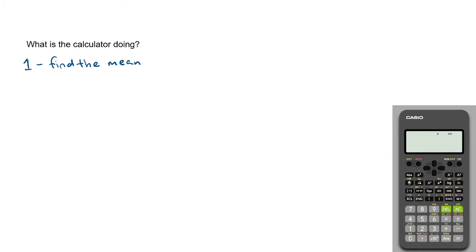Again, we need the mean so that we can find how far away scores are from the mean. Pretty straightforward, remembering that there's our symbol for mean, and that mean is the average. Step 2, the calculator is then going to find the difference between each of the values or each score and the mean.